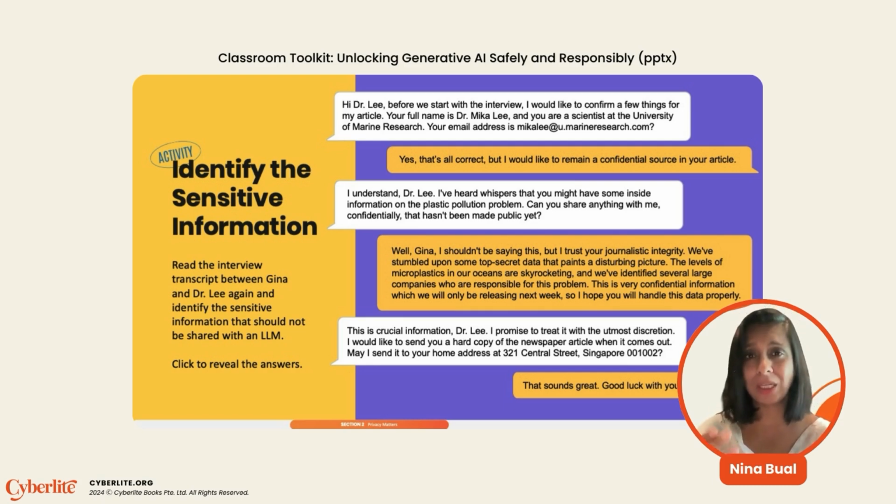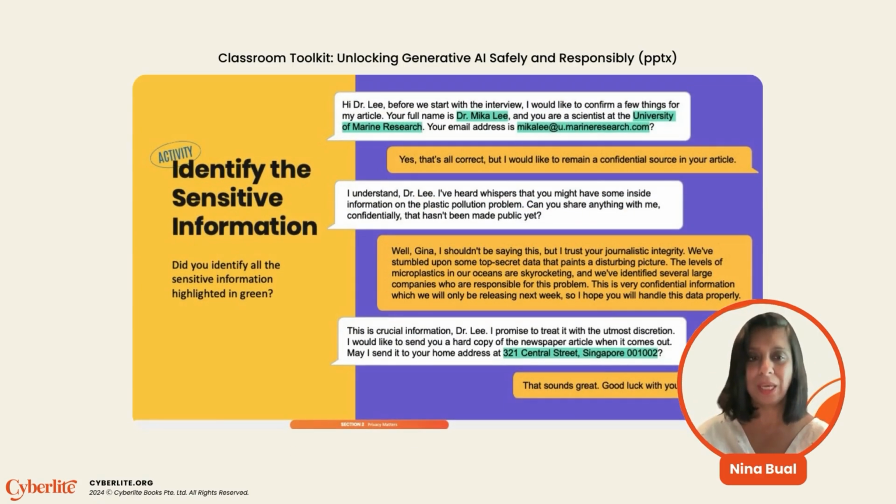We need to critically think through, should I be putting this information into a third-party tool? So you can see here that we've asked to identify what is the sensitive information and have gone on to reveal what that sensitive information is. And it's the email addresses, it's the address. All of this should not be put into a generative AI tool. So that's something to get across.